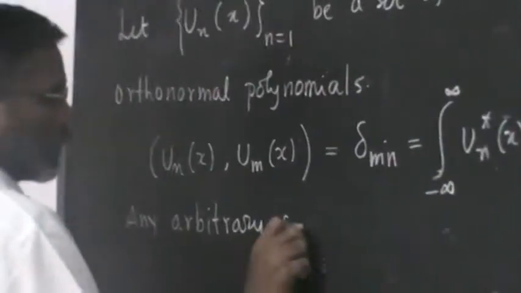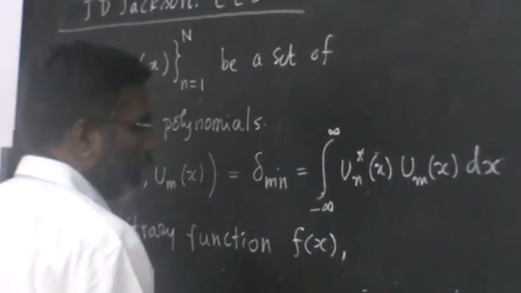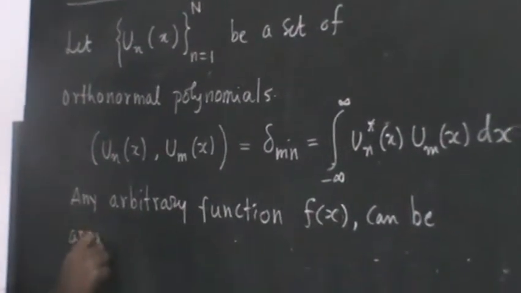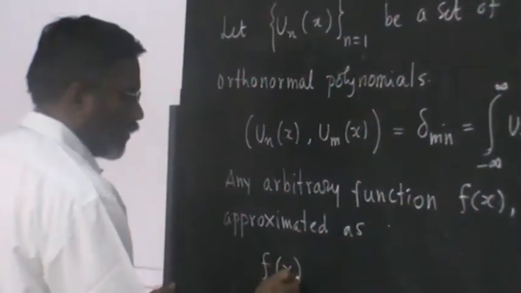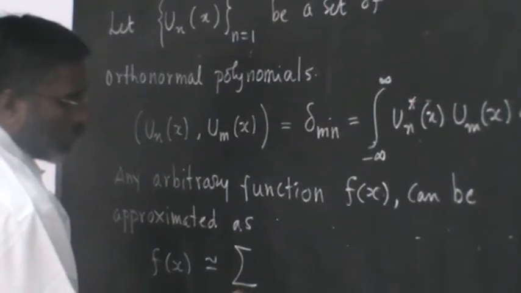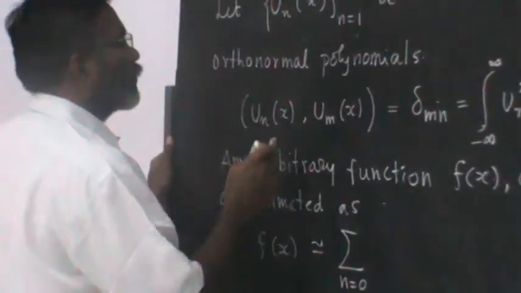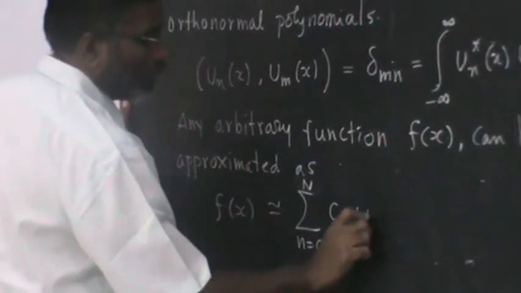Now, any arbitrary function f of x can be approximated as f of x is approximately equal to the sum over n equal to 0 to capital N, of c_n into u_n of x.